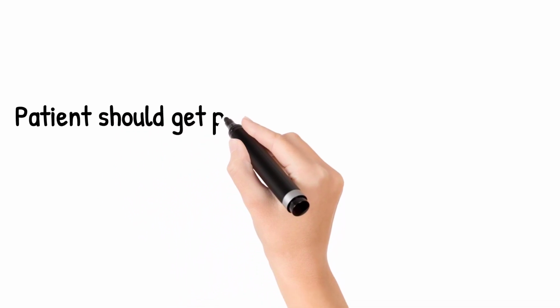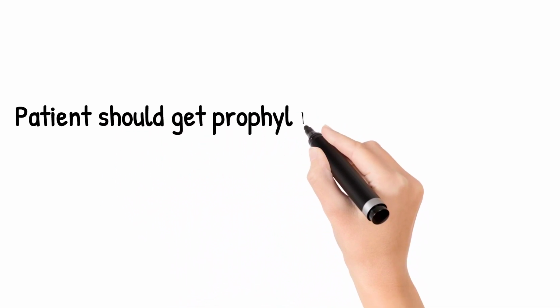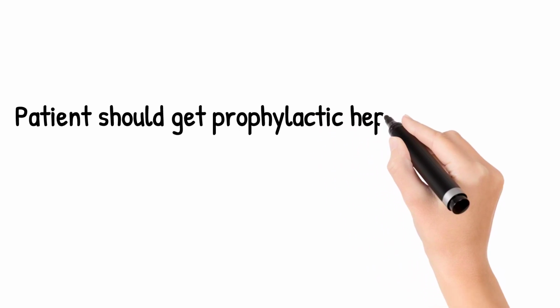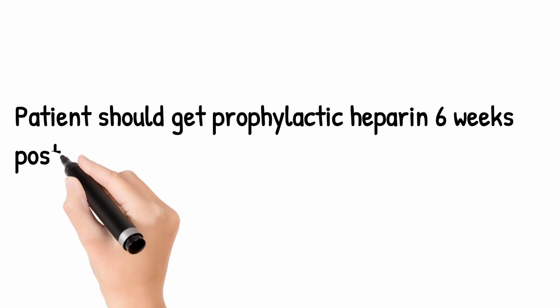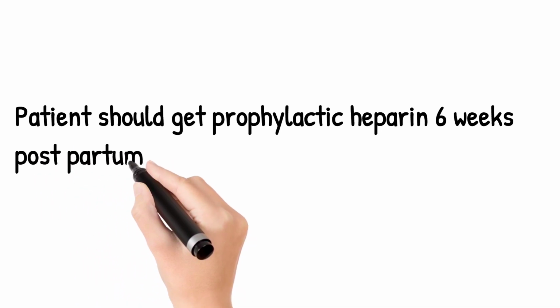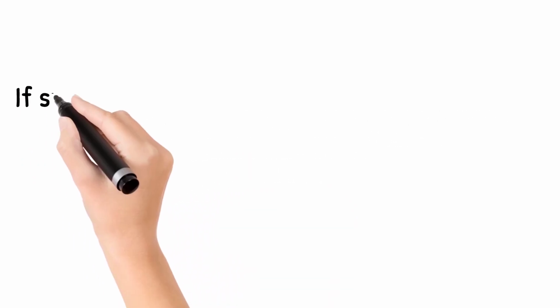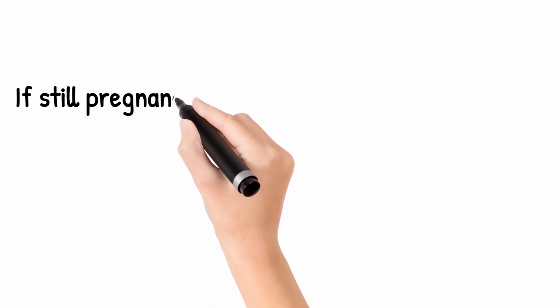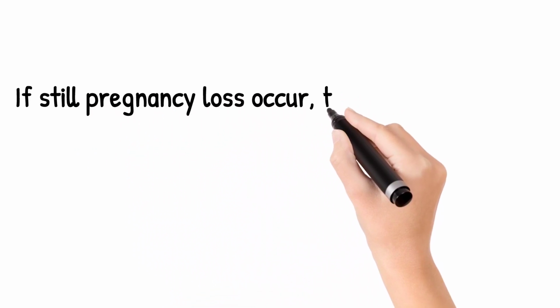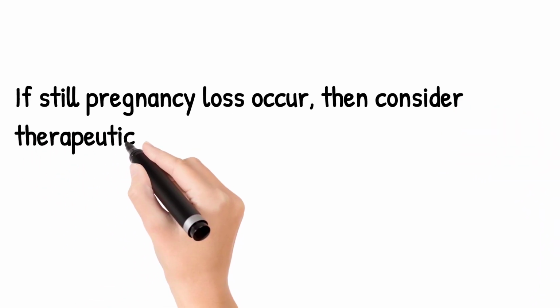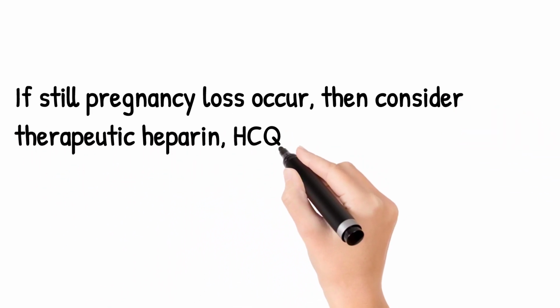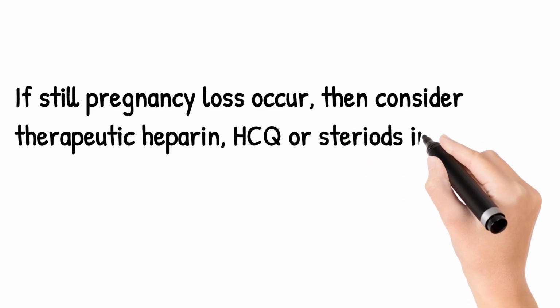Now, APLS patients should be getting postpartum heparin for 6 weeks. If pregnancy loss still occurred despite the patient getting aspirin and heparin, then we have to consider therapeutic heparin rather than prophylactic.